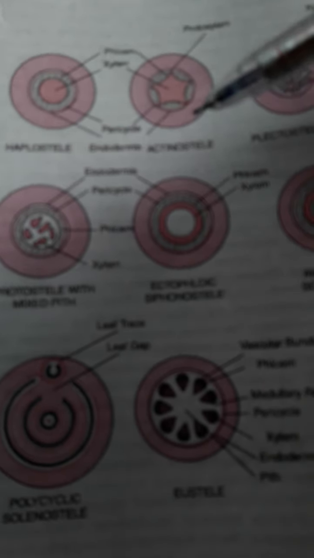Now see, this is the stellar arrangement of the pteridophytes. Here, this is the phloem, this is the xylem. They are arranged in a circular manner and we call it haplostele. If it is arranged in a star-shaped structure, we call it actinostele.